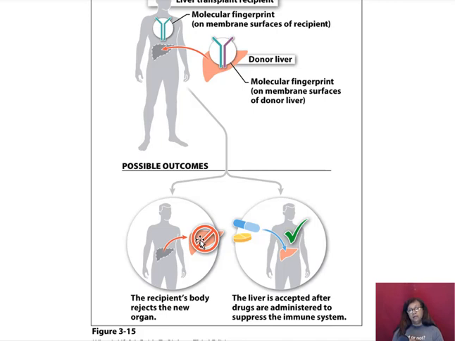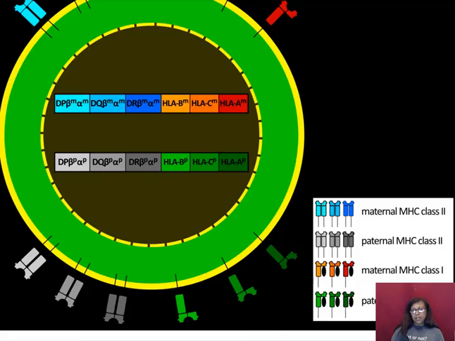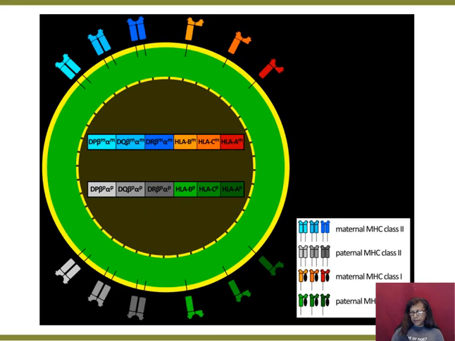But when you have that super rare situation where it's graft versus host, that is very hard to turn off because now the body's attacking itself. And that is one of the most dangerous situations that we see in transplantation surgery, right?